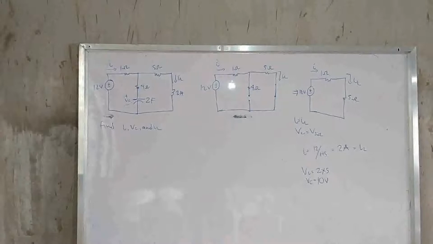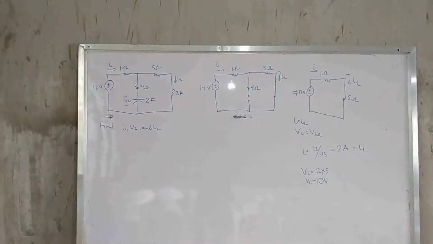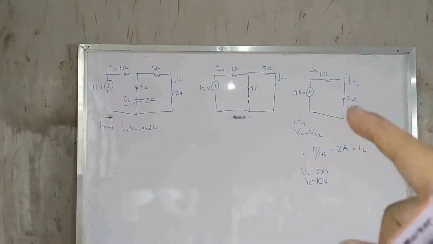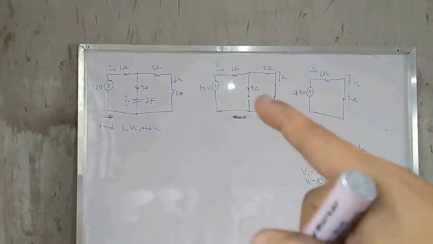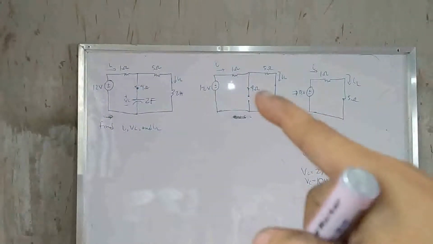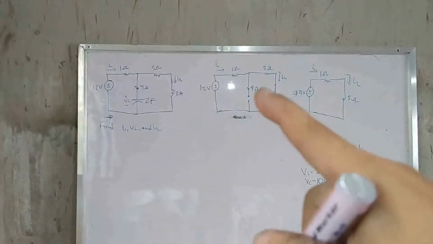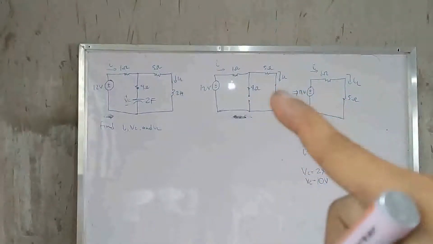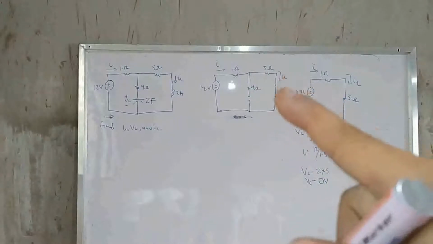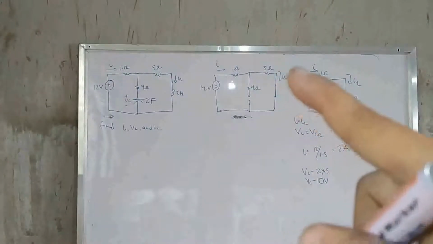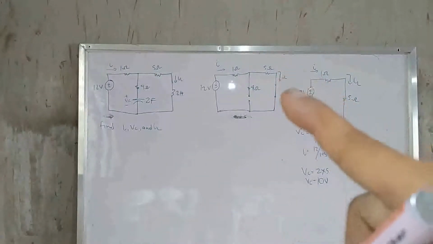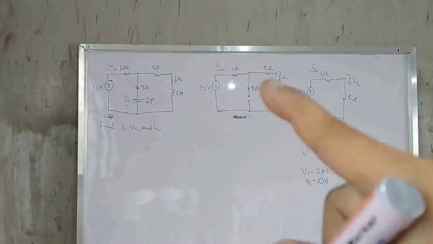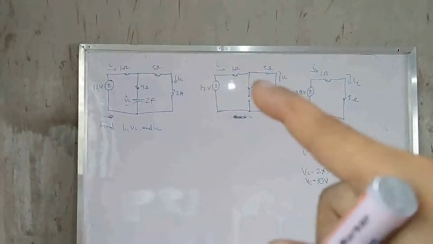So, for further simplification of the circuitry, this is the result. The 4 ohms becomes useless because no current will pass through it since it is an open circuit. And this one we can shorten since it is just a short circuit. Whatever current is flowing in the 5 ohms also flows there, since they are in series.